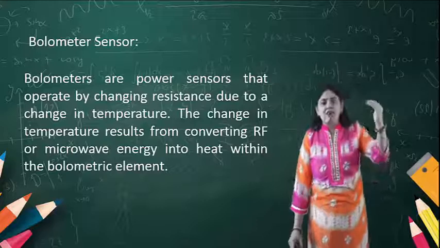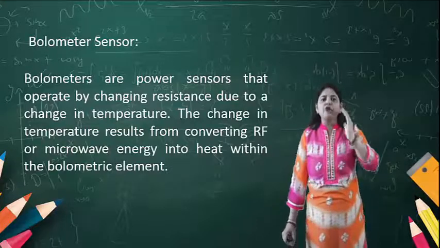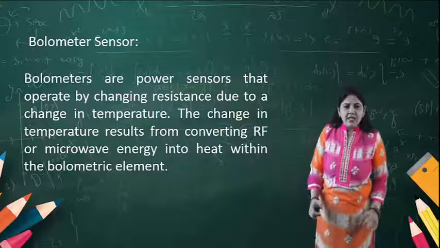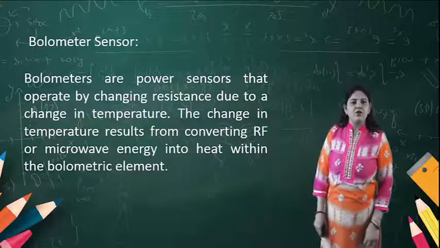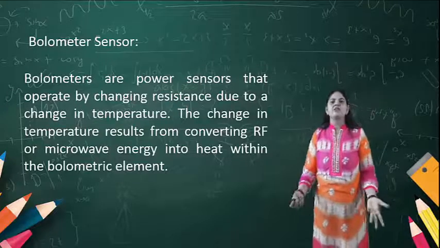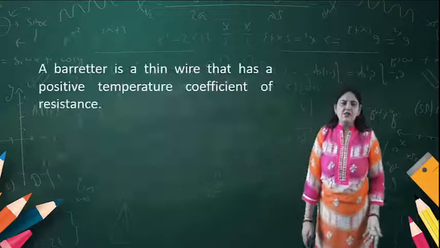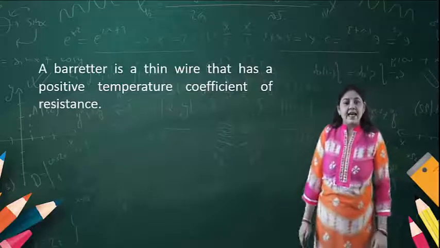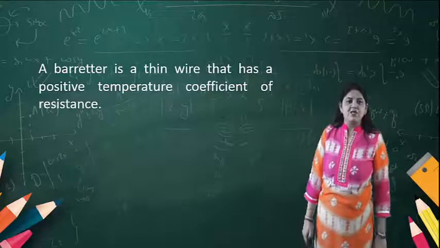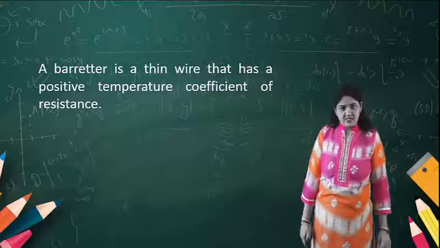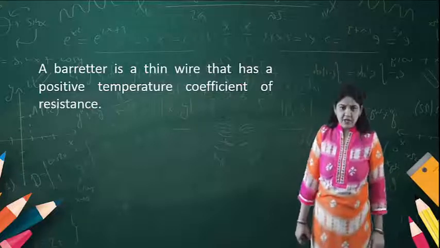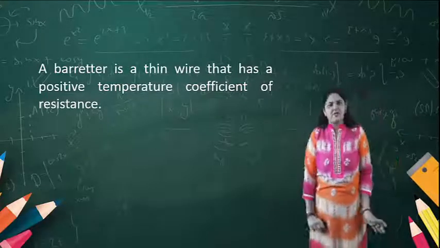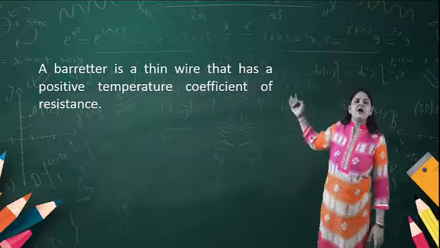While the microwave falls onto the bolometer, it will convert that into some kind of energy. A barretter is a thin wire that has a positive temperature coefficient of resistance. So two things can be used: either the thermistor, which has a negative temperature coefficient, or the barretter.